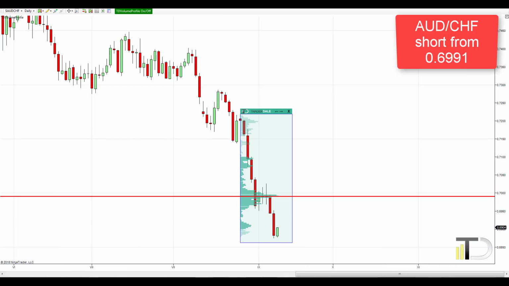Let's go into the Australian dollar Swiss franc, where there's another swing trade which I like to take. The trade is very similar to the trade I showed you on the Australian dollar US dollar, and it's also based on a trend setup.